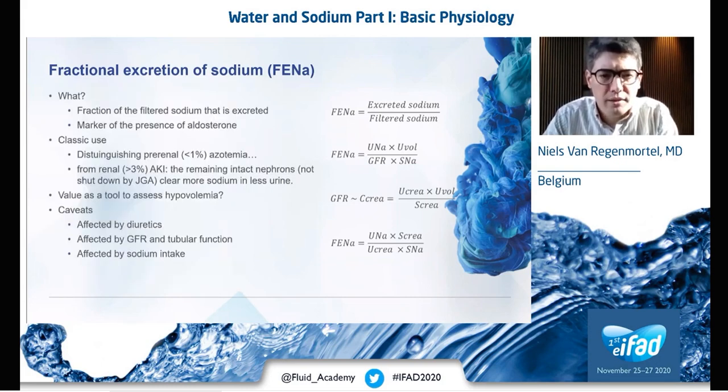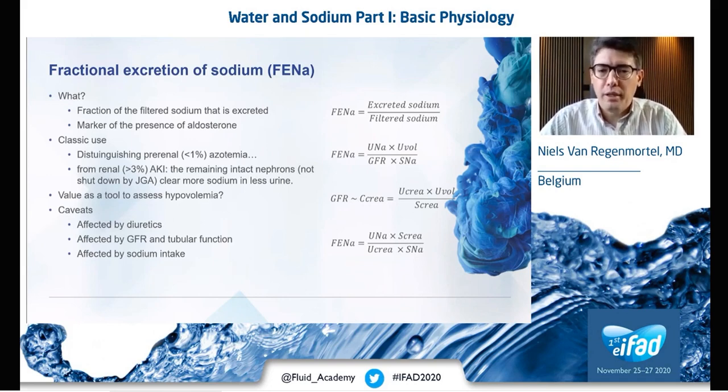We all know it as a marker of, or as a distinguishing tool to distinguish prerenal azotemia, prerenal oliguria from renal AKI. The remaining intact nephrons that are not shut down by the GGH clear more sodium in less urine. But some people, including myself, value it as a tool to assess hypovolemia.